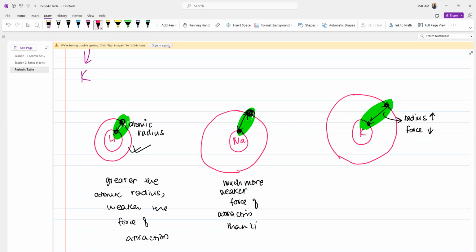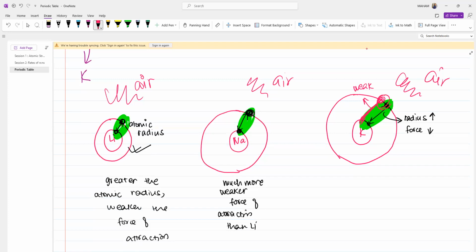If I have another element here, maybe I have air here in the surroundings. So air will react more readily with which of these? No, it's going to react the most readily with potassium. And why is that? Because the atomic radius has increased. That means the force of attraction, the force that keeps this electron with the nucleus, has weakened.